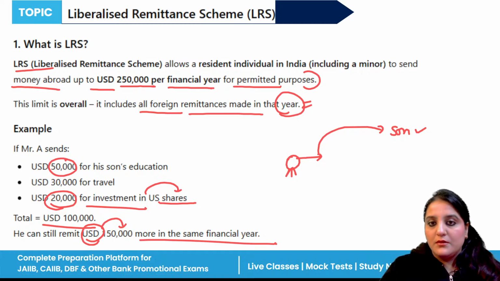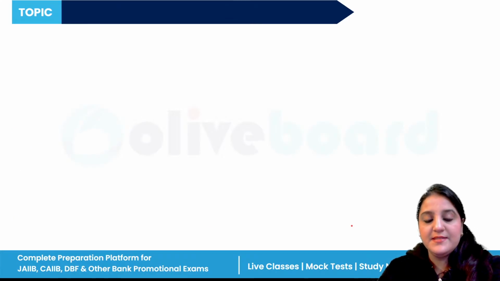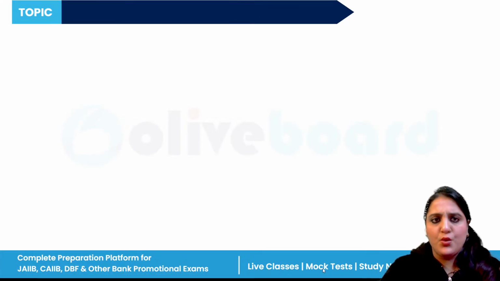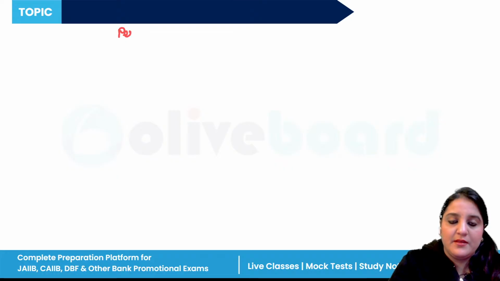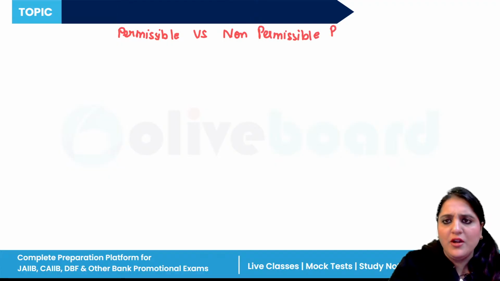Okay. Now we know the limit. What are the permissible and what are the non-permissible remittances? Permissible versus non-permissible remittances, because all types of remittances are not allowed, right?